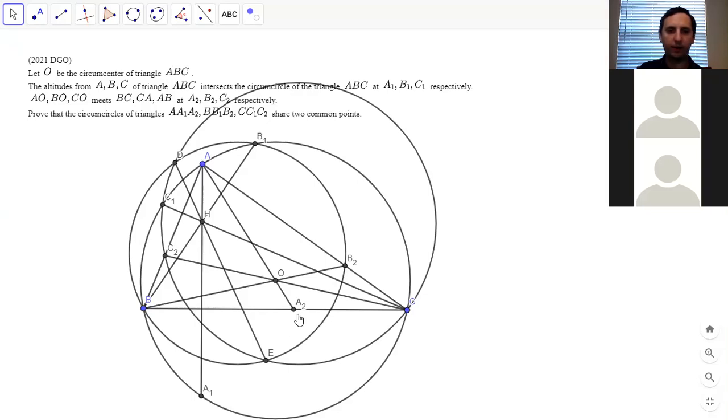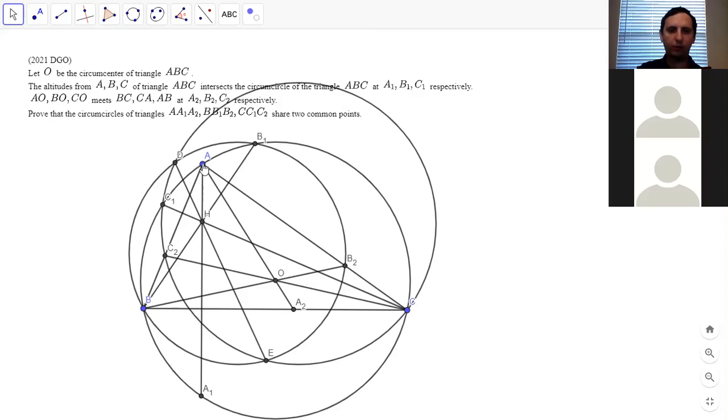We can calculate that. What about angle A1 B A2? That's kind of hard to calculate. Maybe we could use the power ratio lemma, right? I kind of like the power ratio lemma idea.